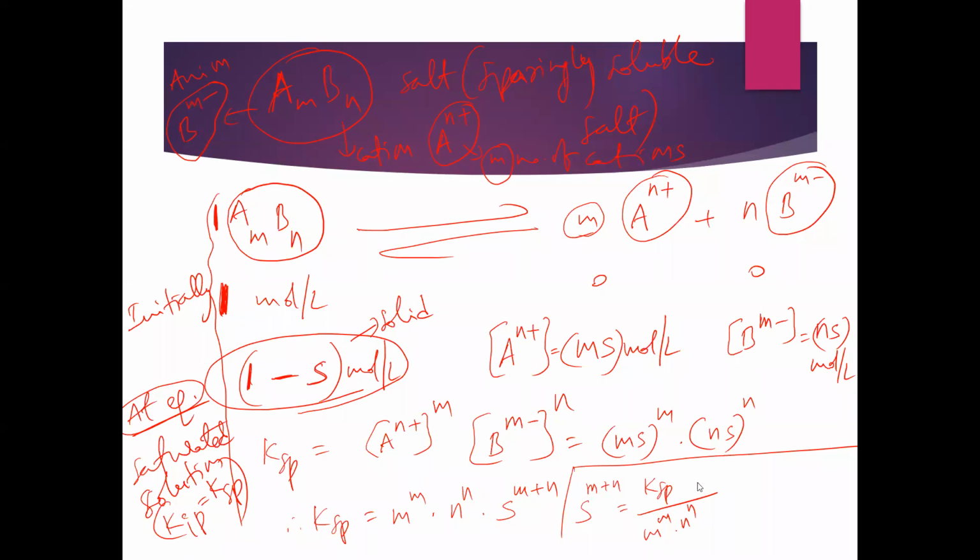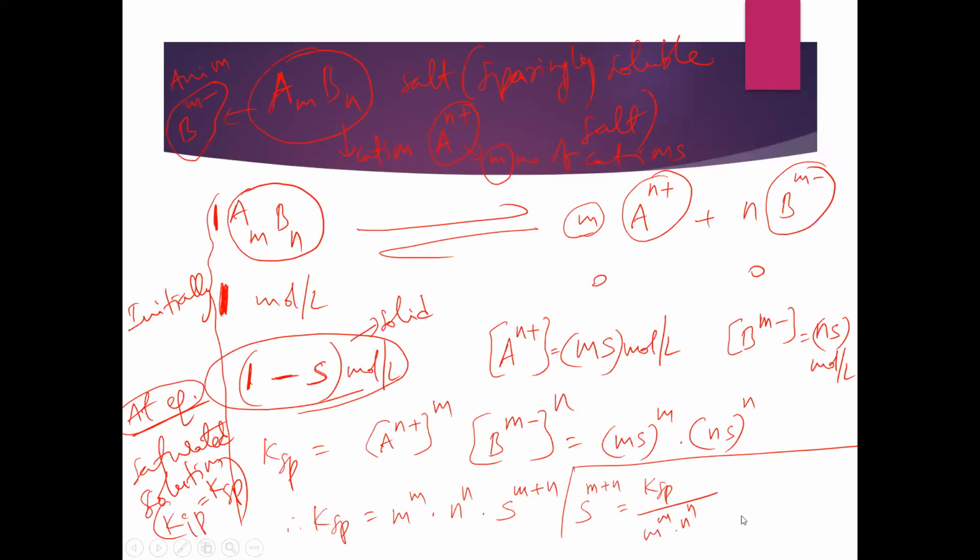Therefore, S is equal to the M plus Nth root of KSP by M power M, N power N.